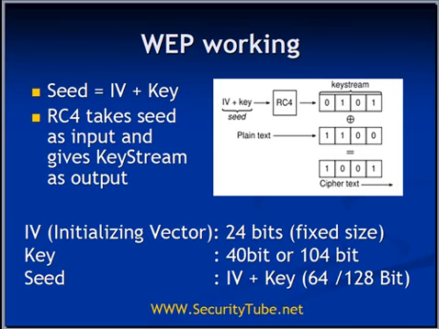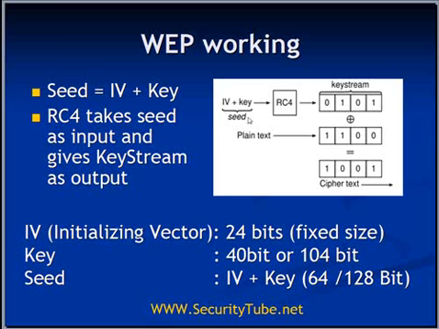Now let's talk about some numbers. The IV, or initialization vector, is 24 bits or 3 octets. The key size is either 40 bits or 104 bits. Initially it was fixed to 40 bits. After that it was found that the 40-bit key size is very small and it was very easy to launch attacks on WEP. So to make WEP a little bit stronger, the key size was increased to 104 bits.